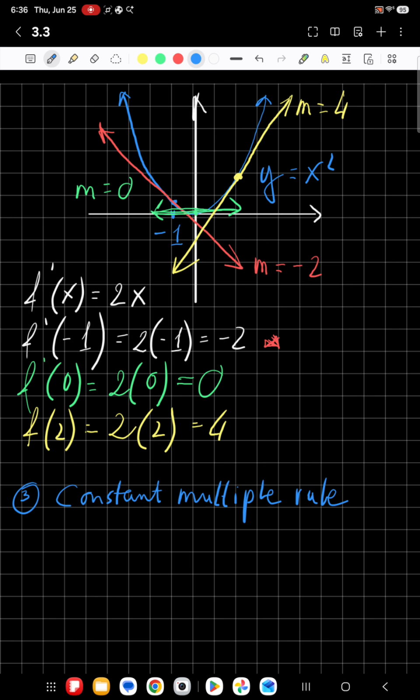So let's say I'm calculating, how should I write it? Maybe like this. Derivative. Right, so we have some kind of function c times f of x. Okay, so that's simply, we can take that c and put it to the front. Right, so in a sense factor it out, right?